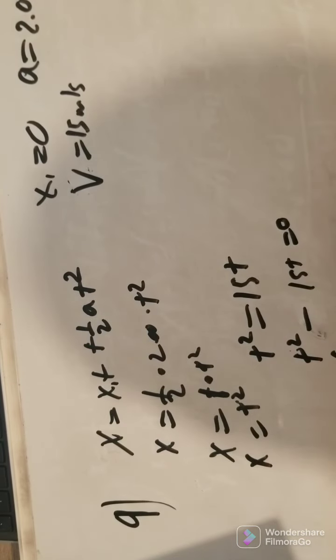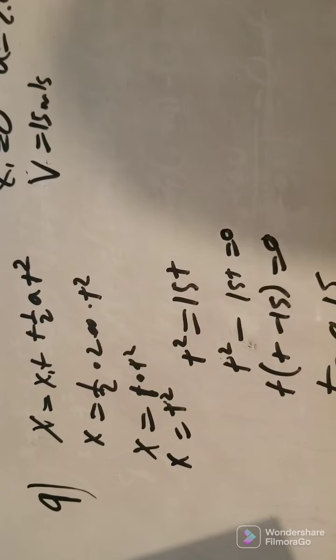We're going to factor it, which is going to be t times t minus 15 is equal to 0. With that in mind, now we know that t is going to be equal to 0 or 15, which is our seconds.